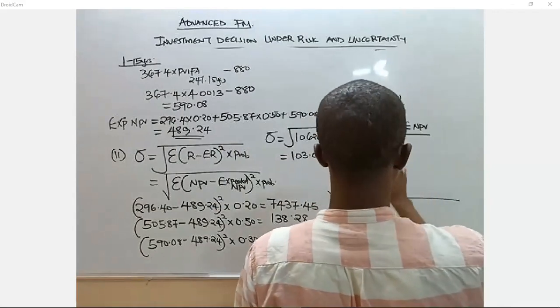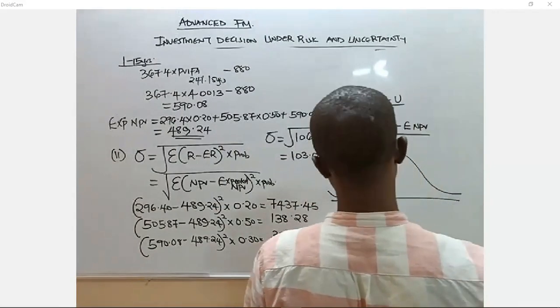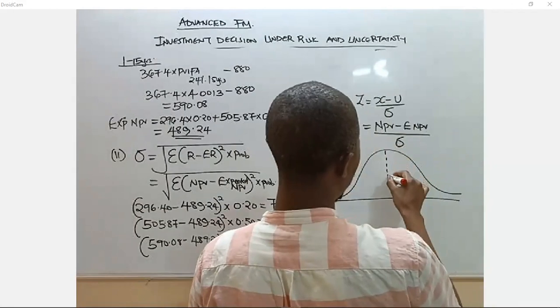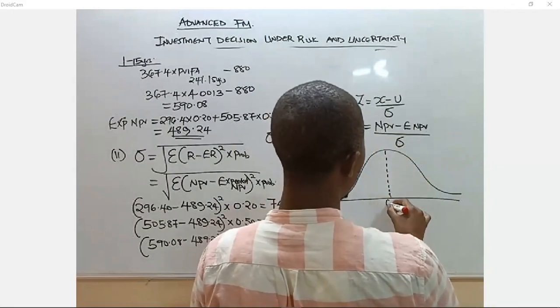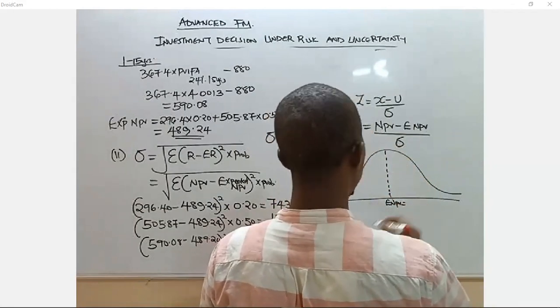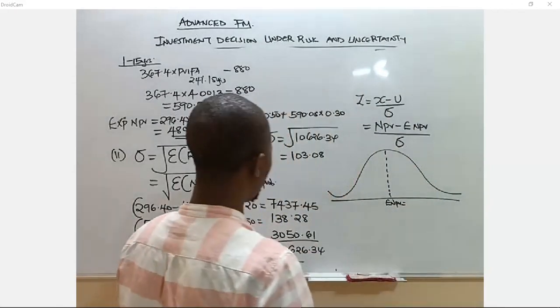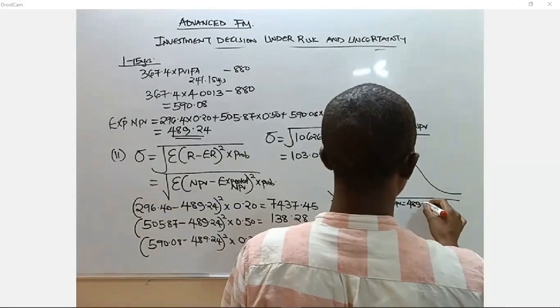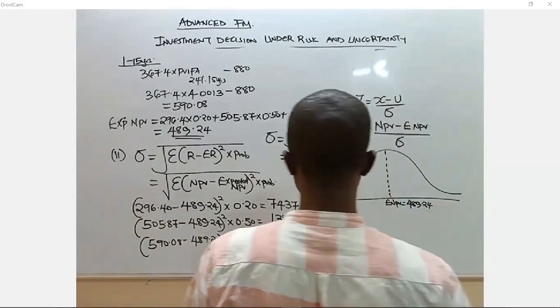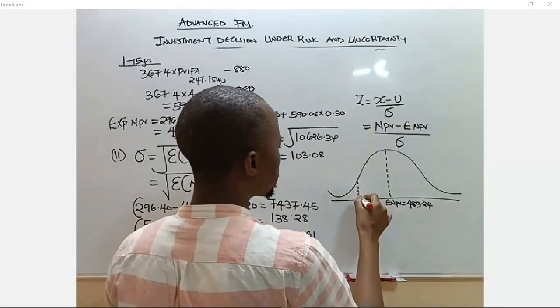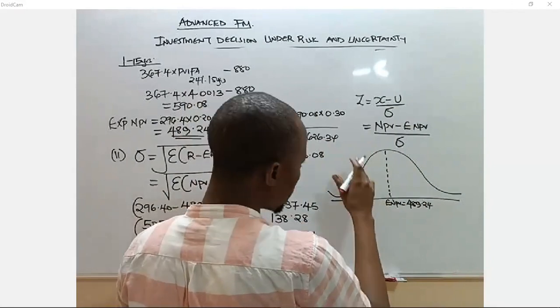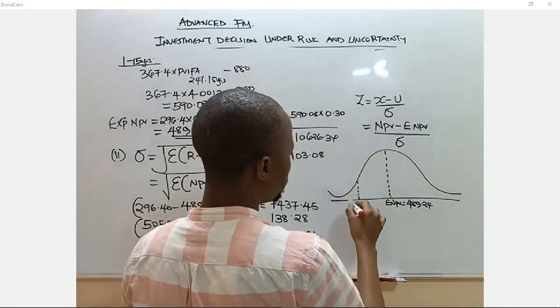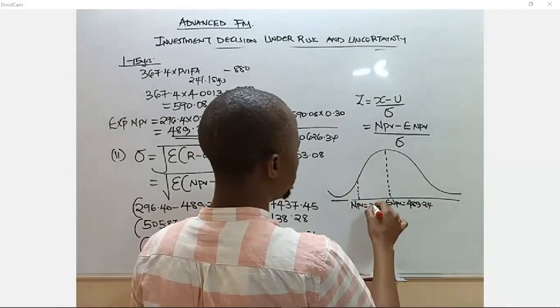So I draw my curve like this. Here, my expected NPV, which before we used to call the mean, we have said is 489.24, right? The examiner says if the company is below 200, this is the point away from the mean, which is our NPV now, should be 200.